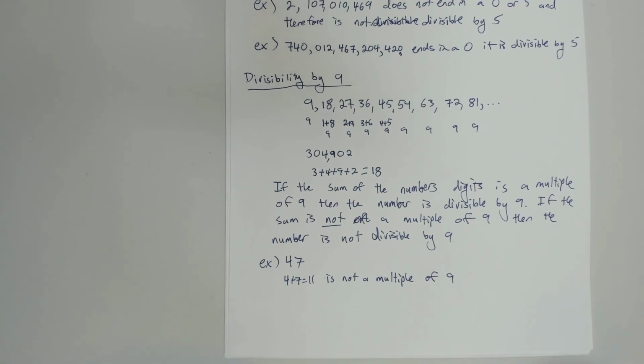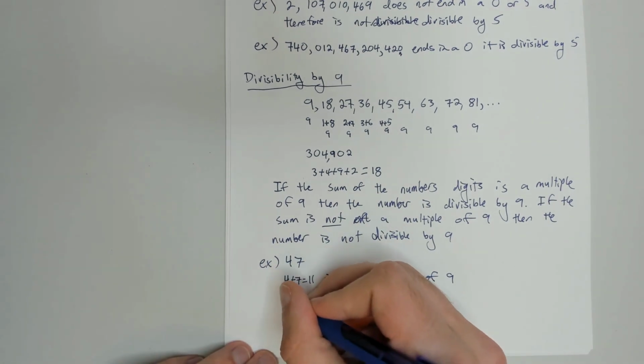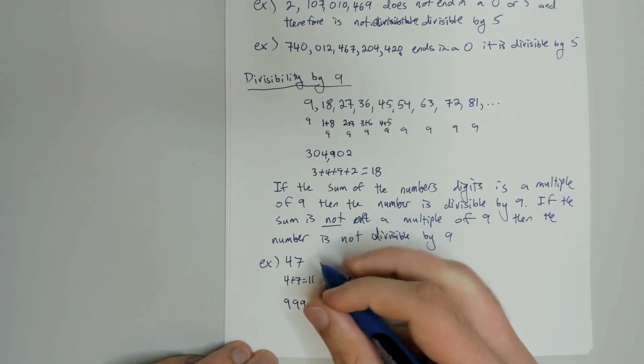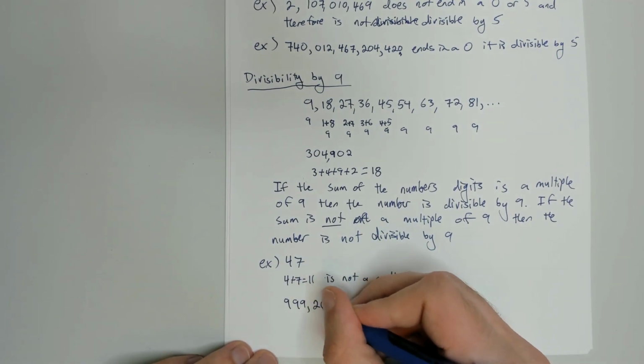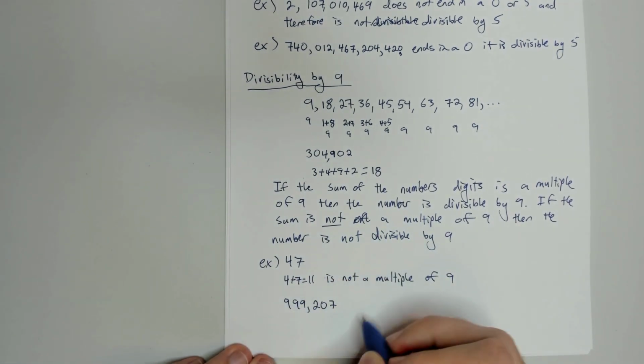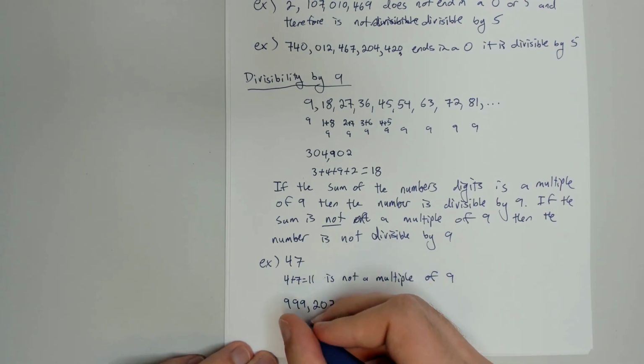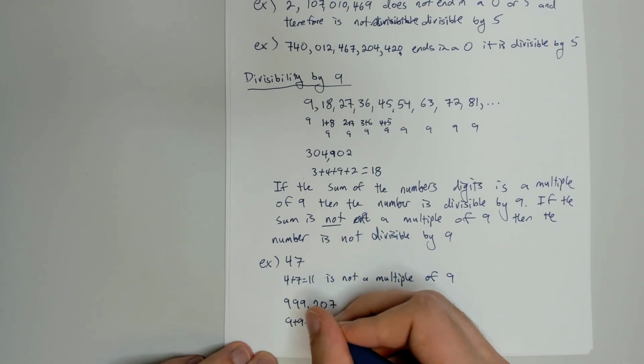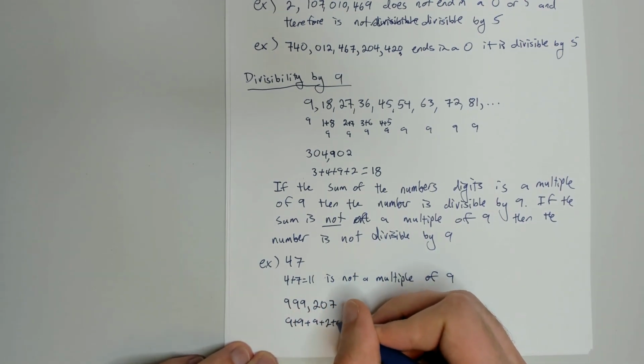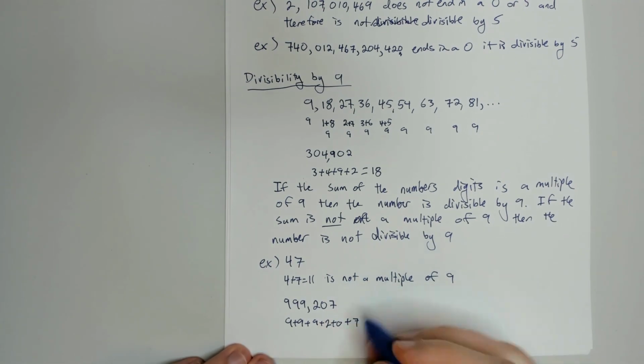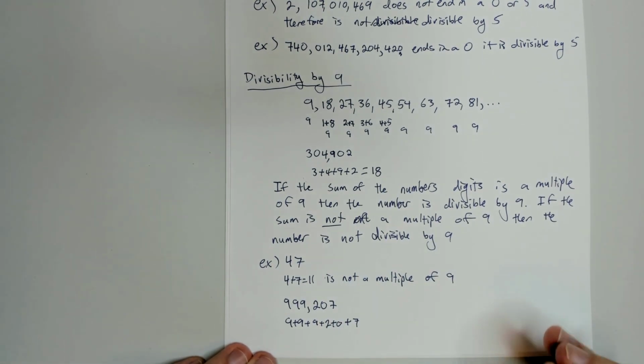All right, we could try another number. Let's go with 999,207. If I add up all these digits, let's see what we get. 9 plus 9 plus 9 plus 2 plus 0 plus 7. I didn't have to do the plus 0, but oh well. So 9 plus 9 plus 9.